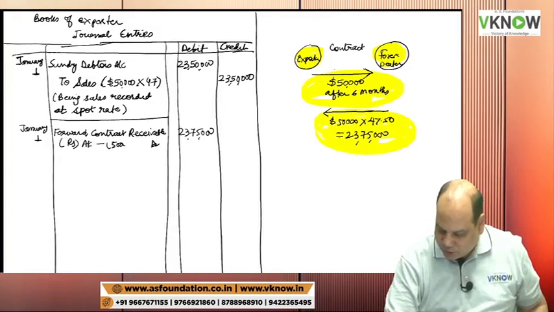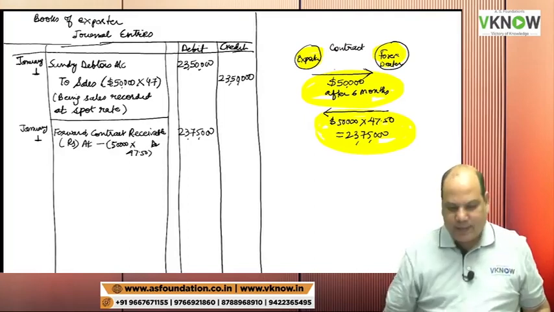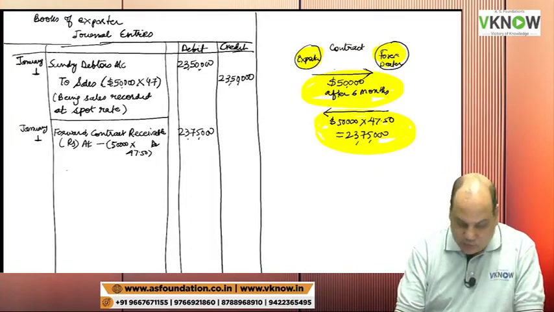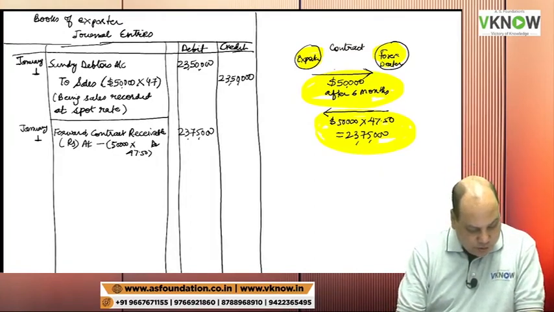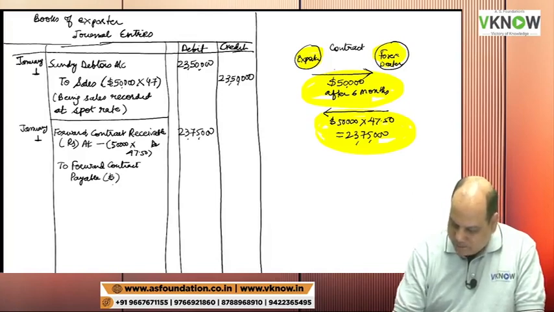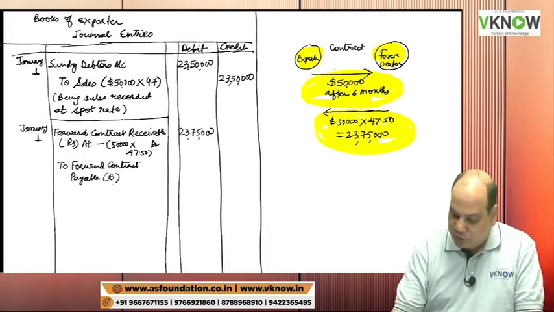The calculation will be 50,000 into 47.50, that is the receivable. And he has a payable also, to forward contract payable. He has to pay $50,000.